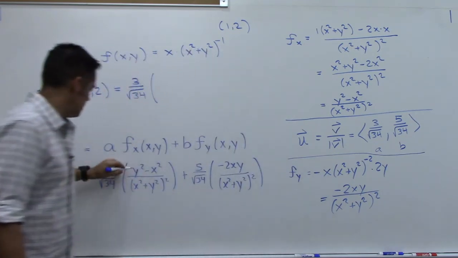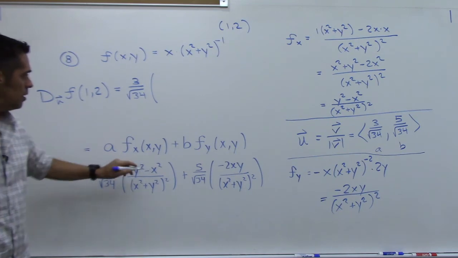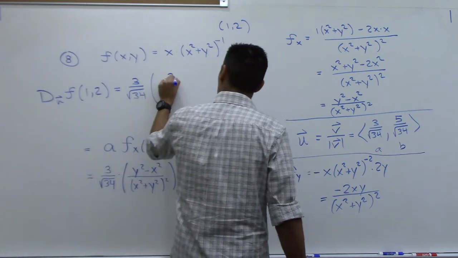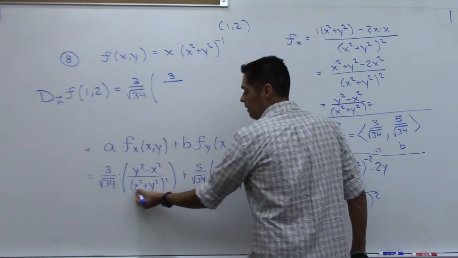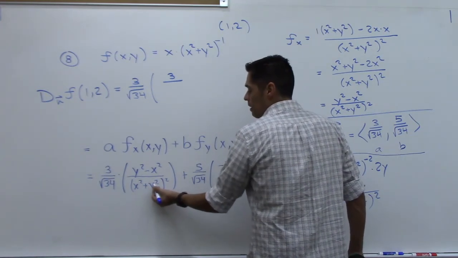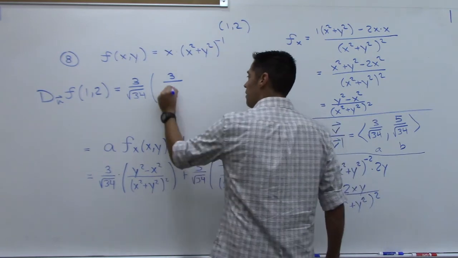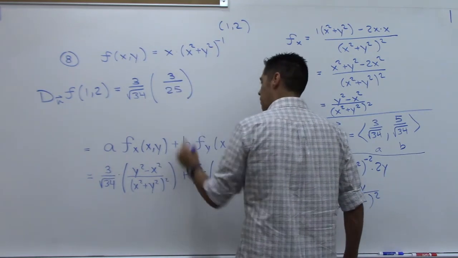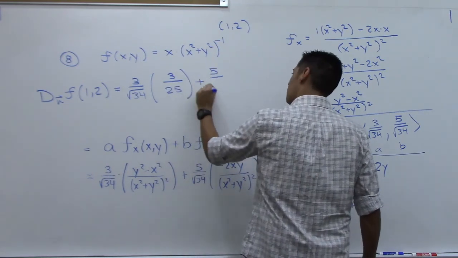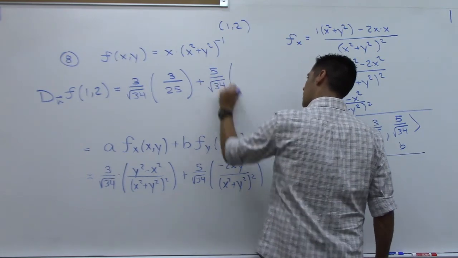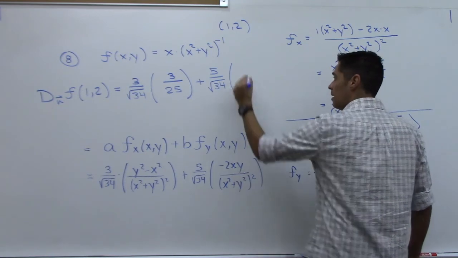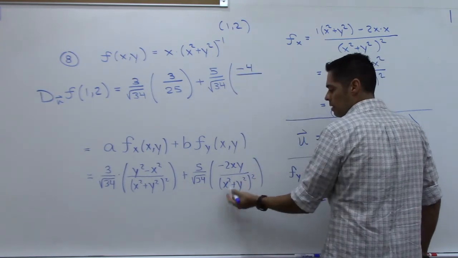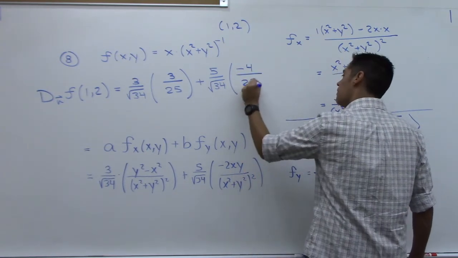And then, let's see, this is 2 squared, 4, minus 1, that's 3 on top, over 1 squared plus 2 squared, that's 5, and then squared, so 25. Okay, plus 5 over root 34 again. And then this is -2 times 1 times 2, so -4 over, we already said that was 25.